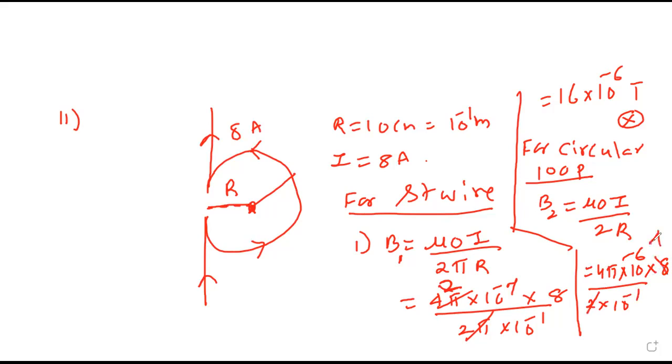That will become 16 into 3.14 into 10 raised to minus 6 Tesla. I'm leaving it like this because I don't know whether it will add or subtract with the other one.